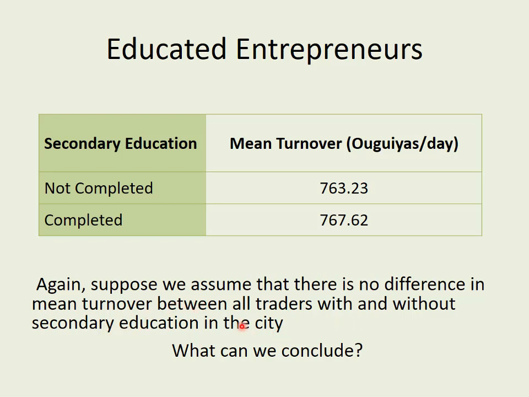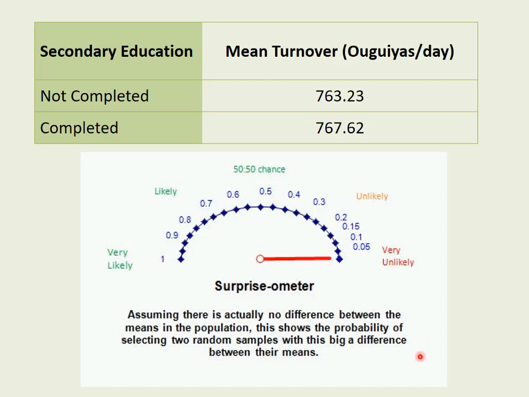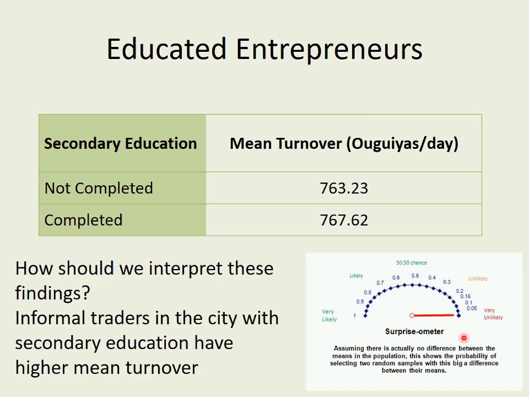And if you assume that, you can then calculate that if there's no difference between these two groups in the whole city, then the chance of finding a difference as big as this one is very, very unlikely. It's way less than 5%. It's down about 1%. So it's around 1 in 100 or less. So in that case, we can conclude.